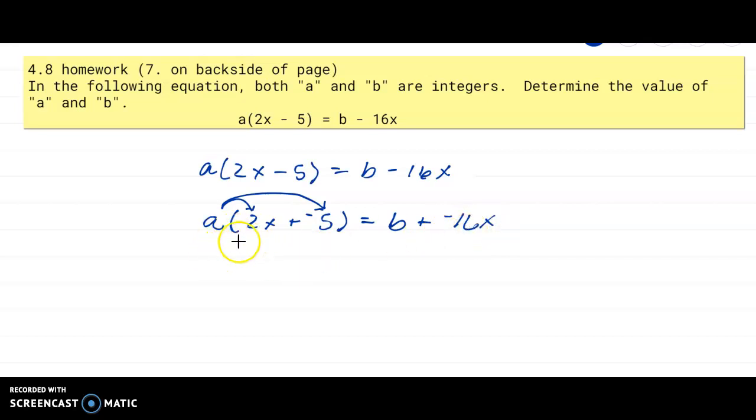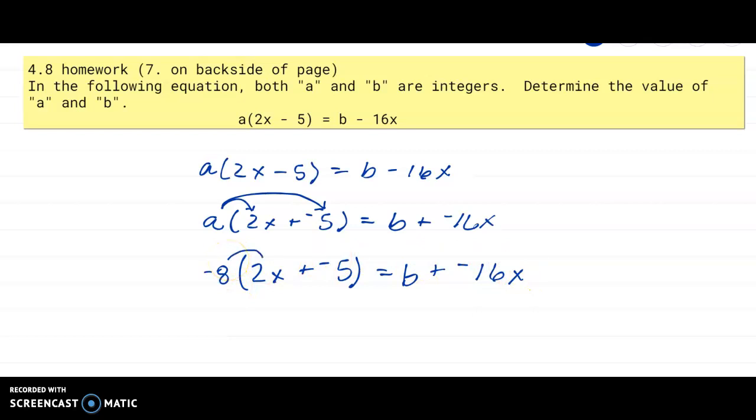I'm thinking it has to be 8. So I'm going to rewrite this and try that. If this is 8, I want it to be negative 8 because I want this to become a negative 16. So negative 8 times 2x plus negative 5 equals b plus negative 16x.